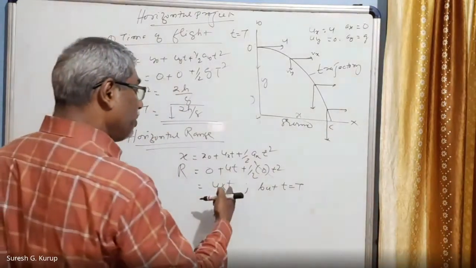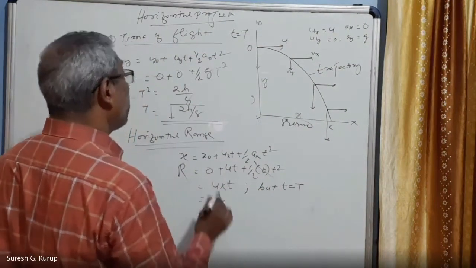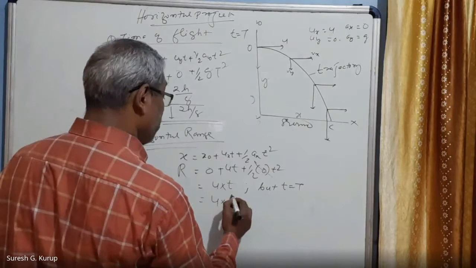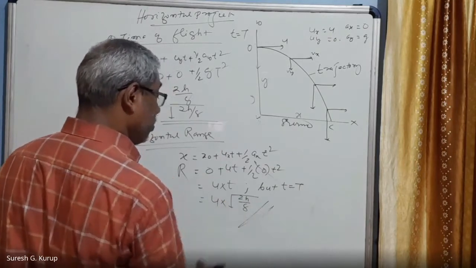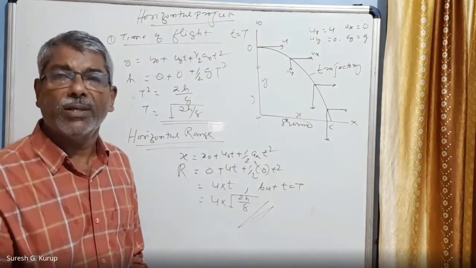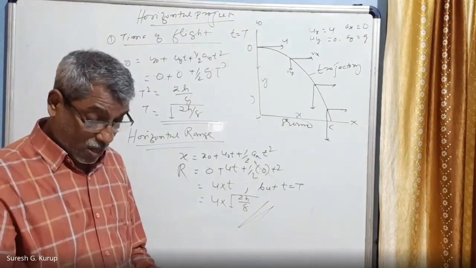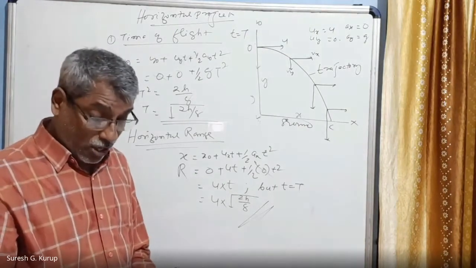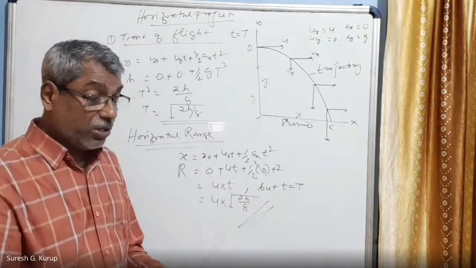So putting small t equal to capital T, we will get R is equal to u into capital T. Capital T is equal to the square root of 2h divided by g. That means u into root of 2h by g is the horizontal distance covered by the horizontal projectile. This is the condition. So this is also very important.